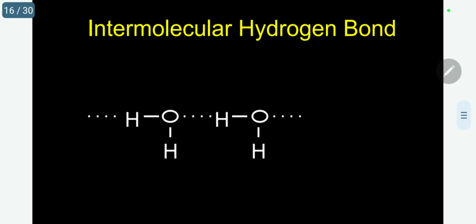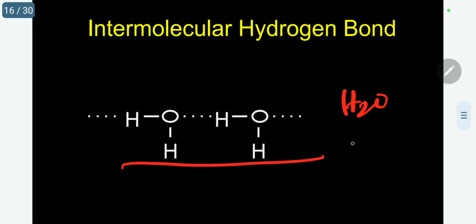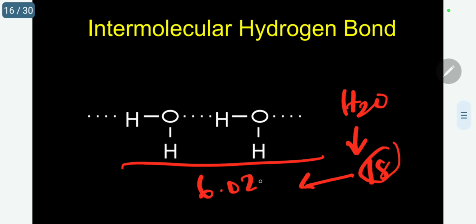This is intermolecular, water, H2O. As per the basic concept we have discussed, the molecular weight is 18 grams. 18 grams will contain 6.023 into 10 to the power of 23 water molecules.